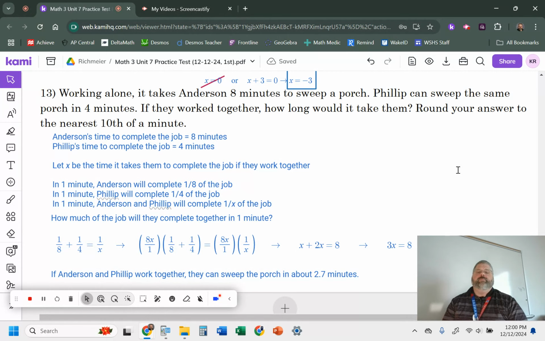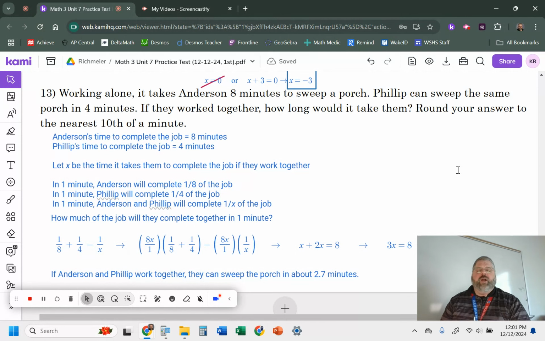And then in 1 minute, if Anderson and Philip worked together, we don't know how long it would take, but they would finish 1 divided by x, or 1 over x, of the job, or sweeping the porch. Now, since I know that, I can add those values together and create an equation.